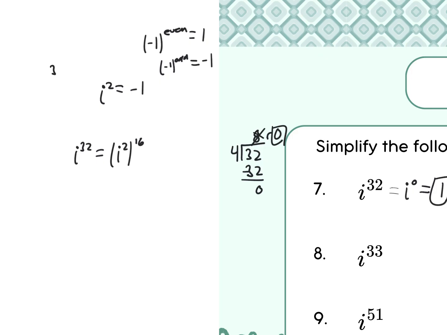If you're not sure, just divide: 32 divided by 2 is 16. So I get i to the 32 is i squared to the 16th, because with a power to a power you can multiply. But I know that i squared is negative 1, so I have negative 1 to the 16th. And again, negative 1 to an even exponent is 1. So this is just going to simplify to positive 1.